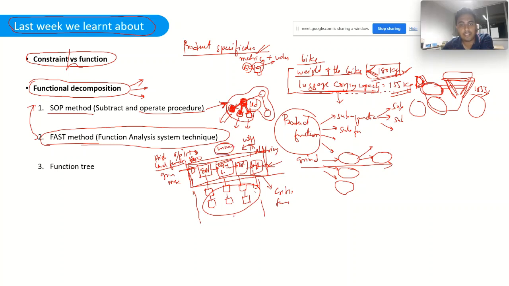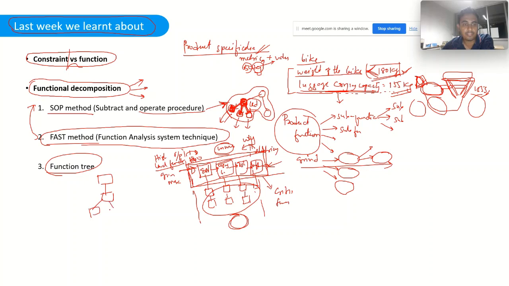And there are also one-time functions. For example, when you want to transport a particular product, packaging, transportation, safety, and protection all come as one-time functions.